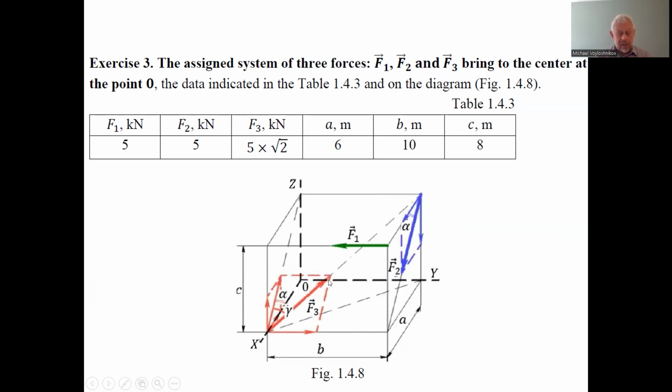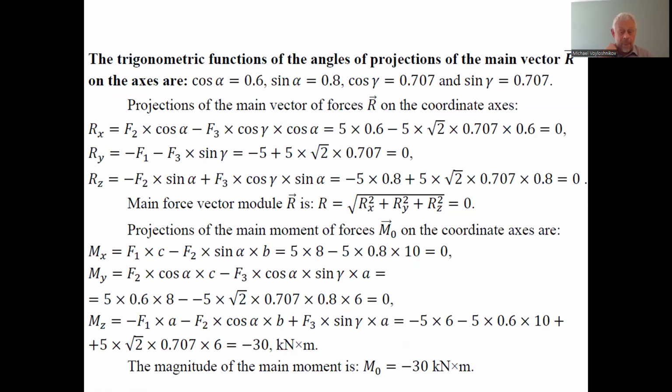And we consider F3, and first we project it by decomposition on the diagonal of the left side rectangle projection using the cosine gamma, so the magnitude of F3 multiplied by cosine gamma, and next we multiply this by sine alpha, and we can find the direction of the component of the F3 force parallel to the z-axis.